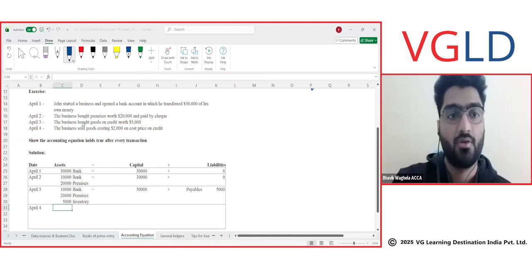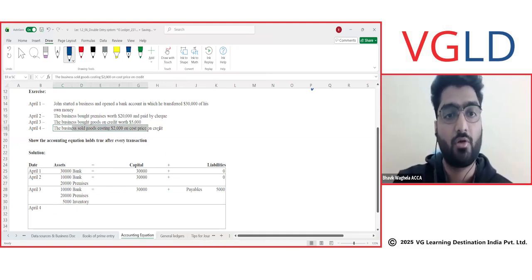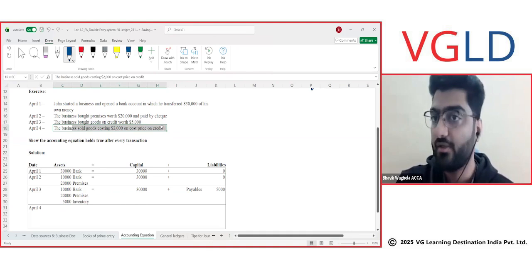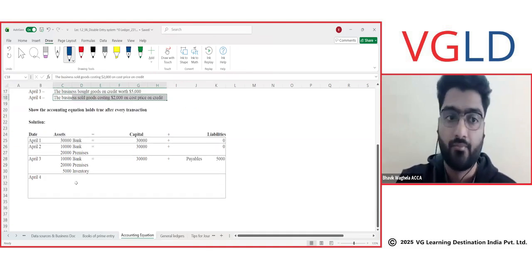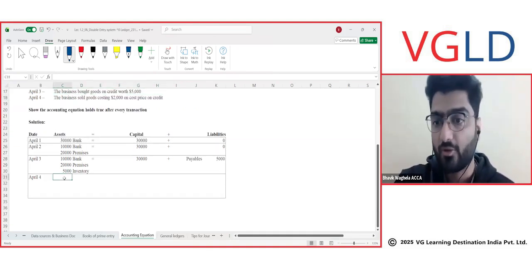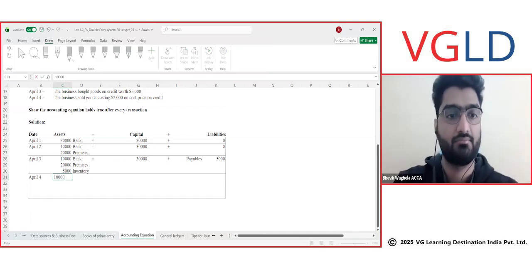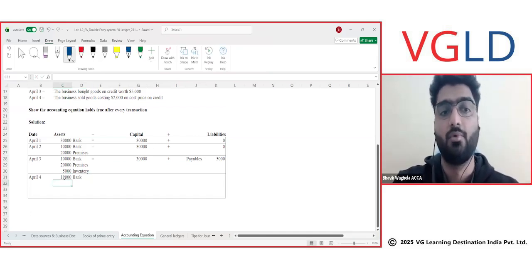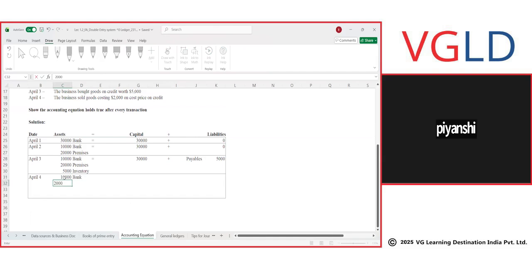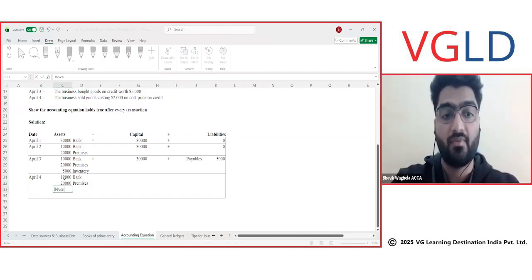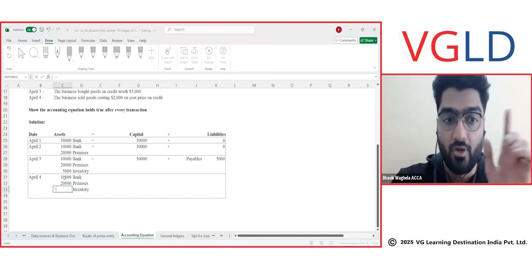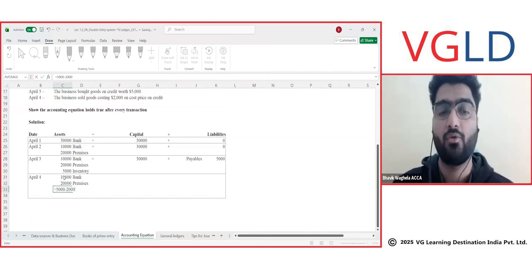Now, April 4th, the business sold goods costing 2,000 on cost price on credit. Will this have any impact on bank balance? No. Will this have any impact on premises? No. Will this have any impact on inventory? Yes. Your inventory will reduce by 2,000. Why?